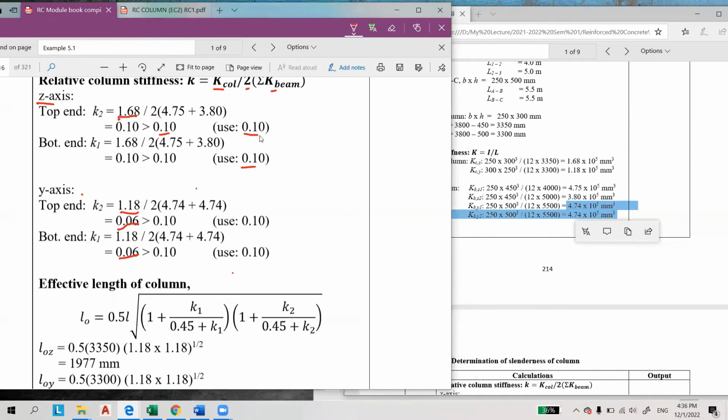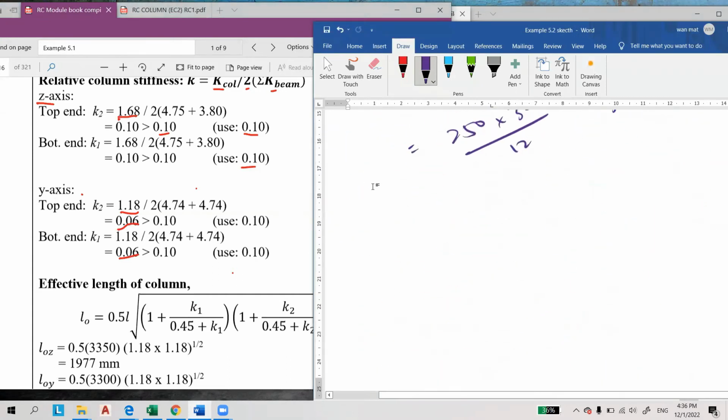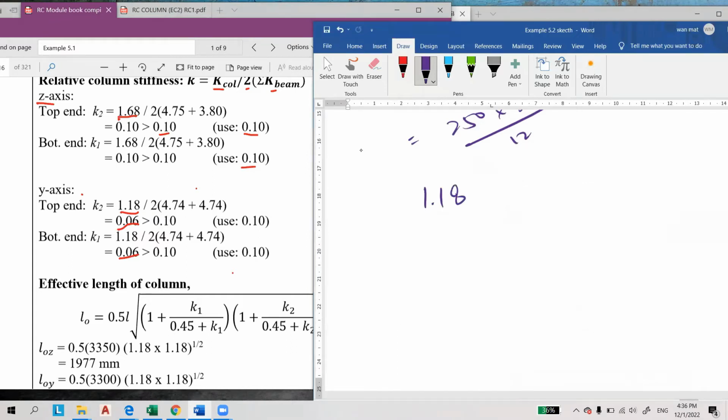Can you use your calculator to calculate this one? Let's do it together. 1.18 divided by 2 times 4.74 plus 4.74.